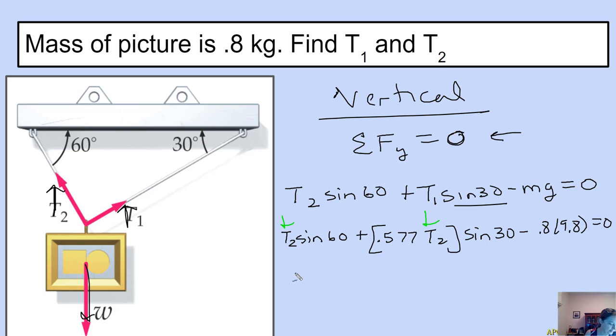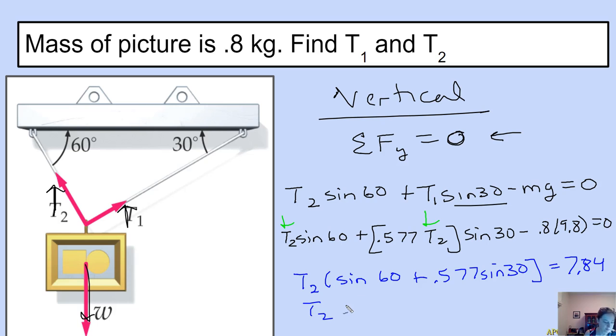When you multiply everything out, I'll show one more step, just because sometimes people do so much on the calculator that they forget things like the distributive property. So you get T2 times 0.7885 equals 7.84.